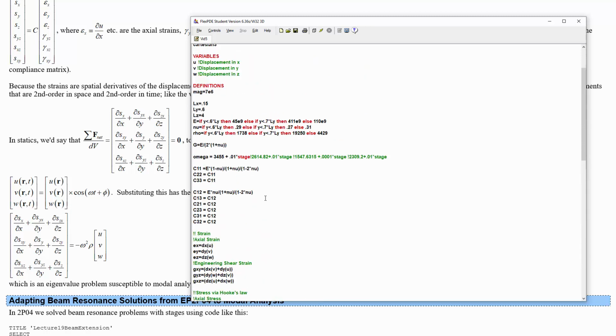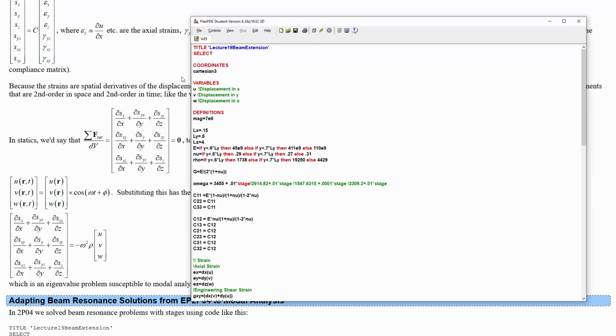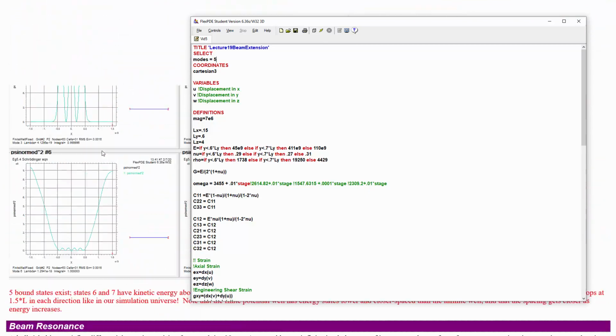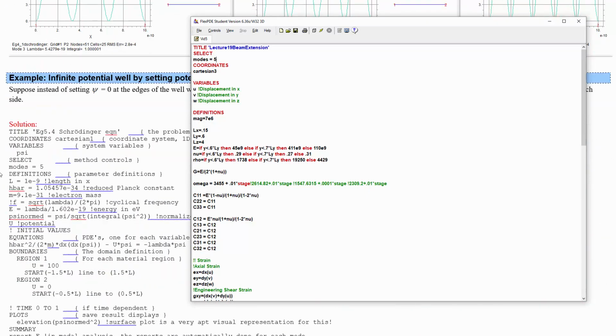Okay, so first off, how do we go and make this thing work in modal analysis instead of this stage problem? Well, we'll eliminate the stages. We can probably get rid of this stuff, and instead we'll say modes is equal to 5. Let's go up to one of the things we were doing before. Yeah, modes is 5.